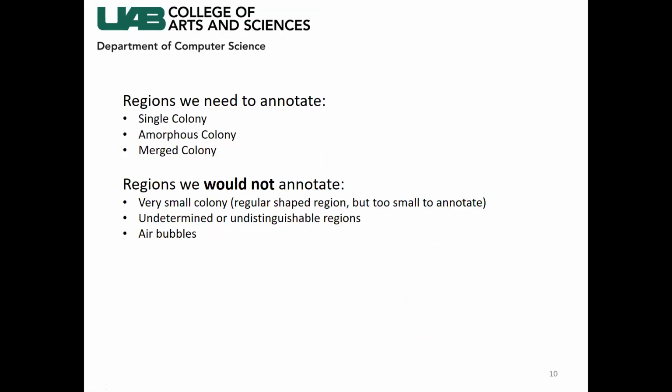So we need to annotate single colonies, amorphous colonies, and merged colonies. We are not interested in regions which are very small, or that we cannot determine; those are undetermined or undistinguishable regions, or air bubbles. At first, how do we define a single colony?